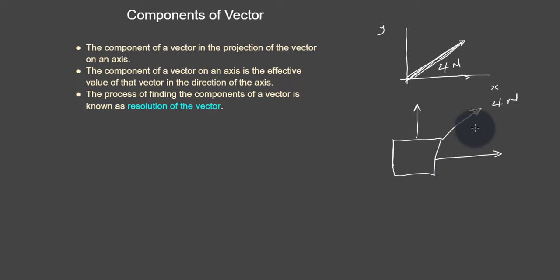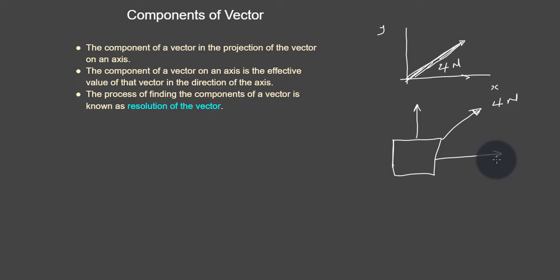What I'm saying is, what exactly is the force acting on this block horizontally? If you take this force and try to resolve it into two parts, in other words, break it into two components, what will be the horizontal component and what will be the vertical component? So that is what we mean by component of a vector.